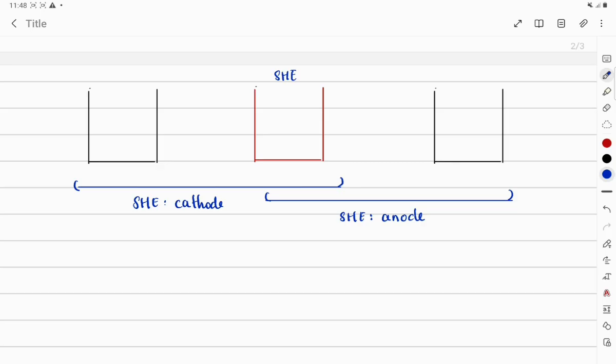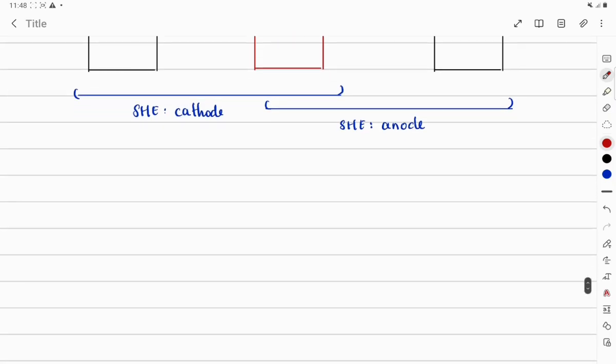That means if the reduction potential is a positive value for the other half cell, then in that case SHE will be anode. If the reduction potential is negative for the other half cell, in that case SHE will act as cathode.